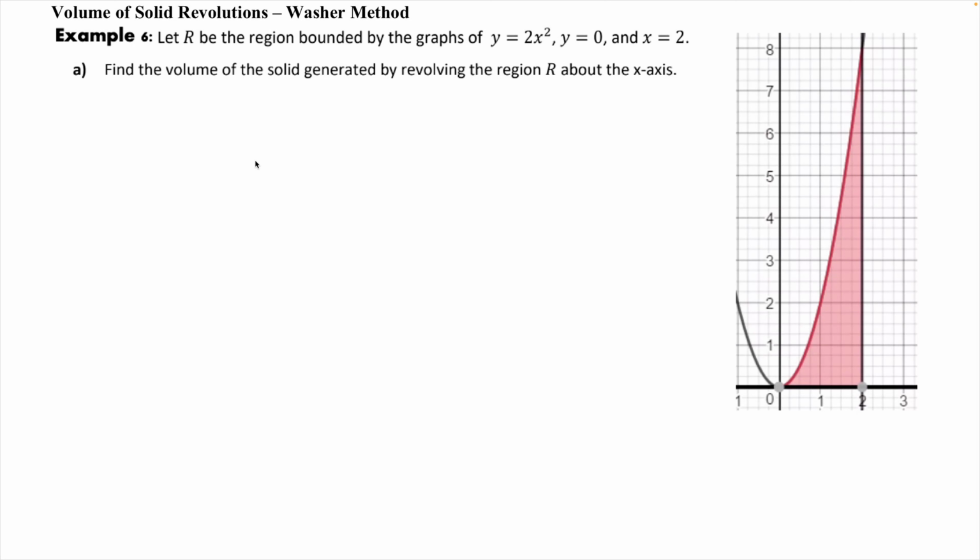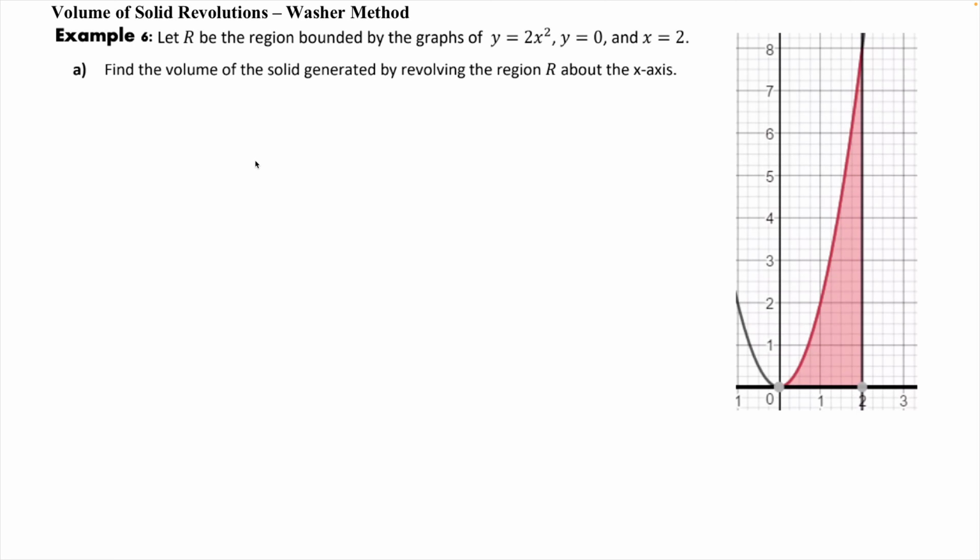So, first thing we got to do, this one I want you to do on your own. Find the volume of the shaded part if it's revolving around the x-axis. Is that disk or washer method? Disk. So you're only going to have one R. You're not going to have big R or little r. You're only going to have one R. It's the same way, right? You do it the same exact way that we did before.